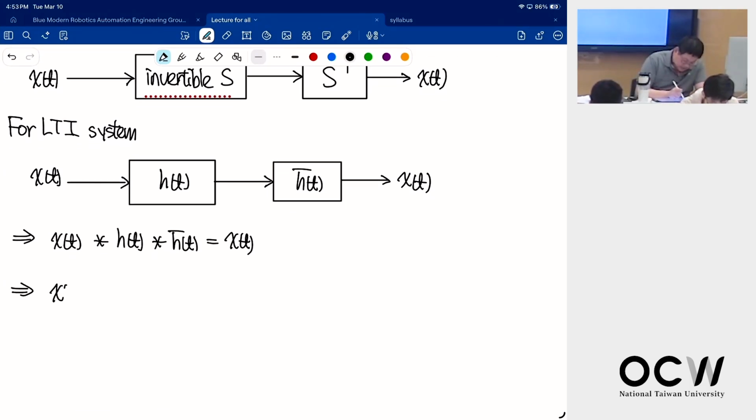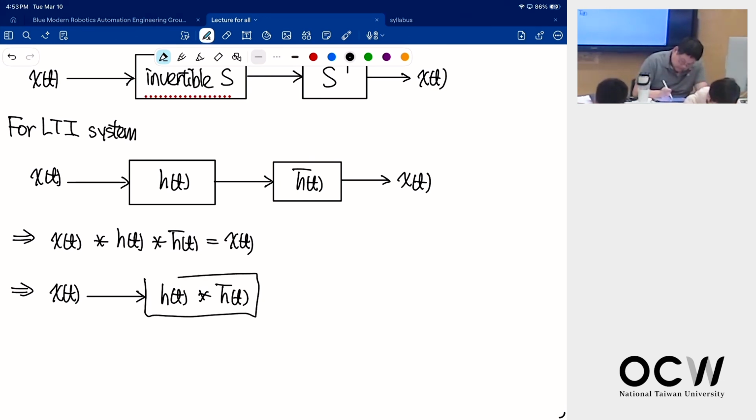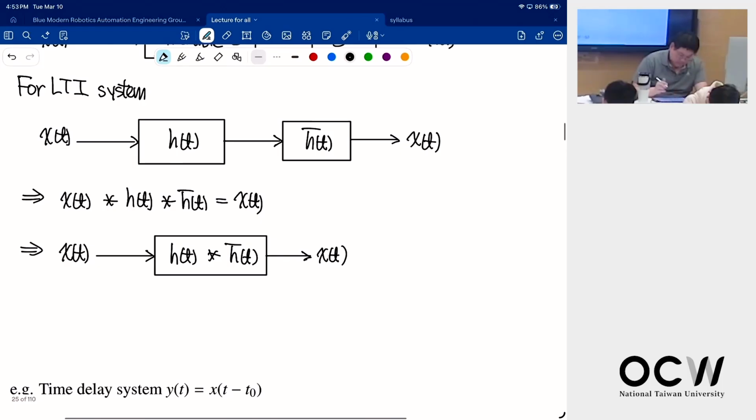So x, send it to the system, h convolve h bar. The output should be x. So that means h convolve h bar should be what?